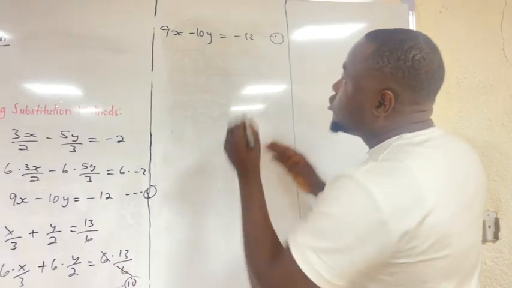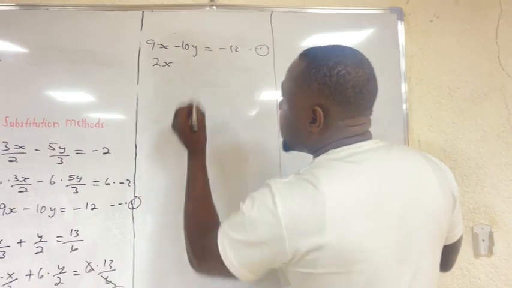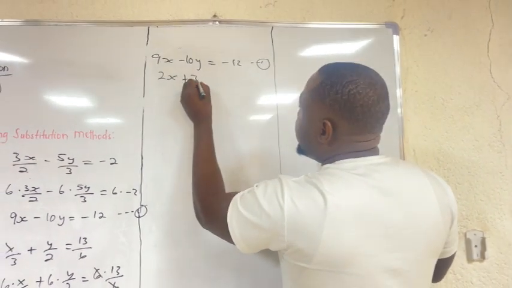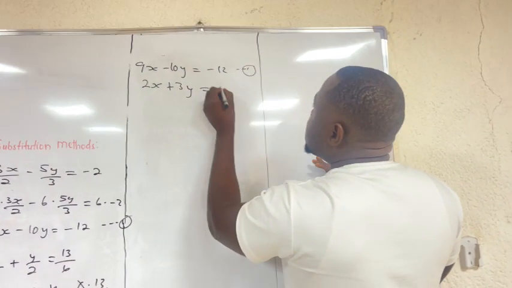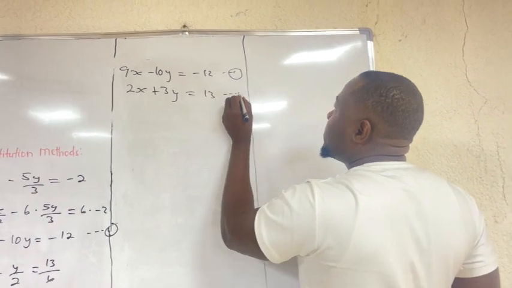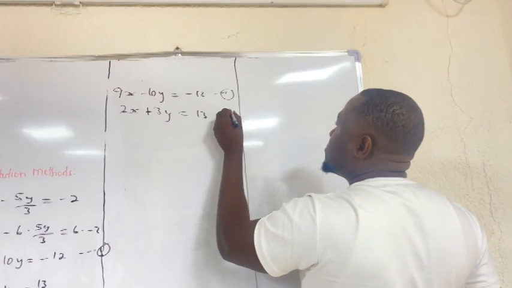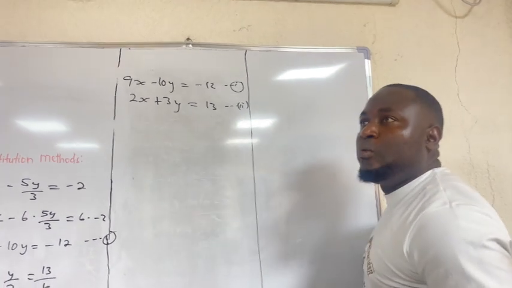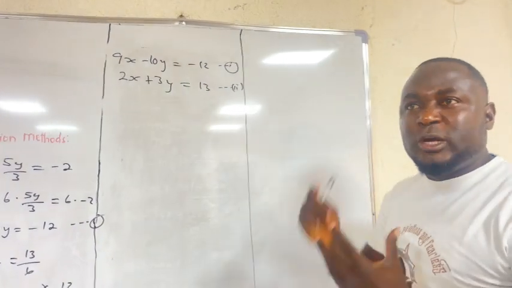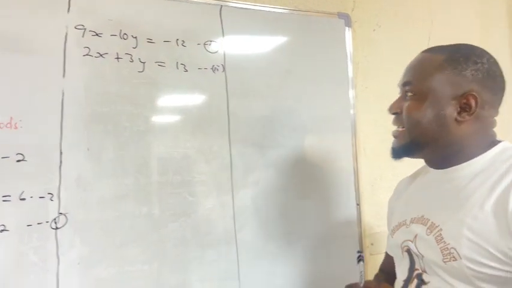We come to equation 2, which is 2x plus 3y is equal to 13, which is equation 2. Now, we are to solve these two equations simultaneously at the same time.